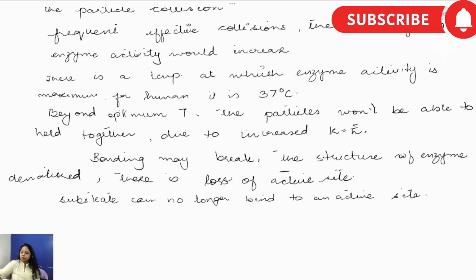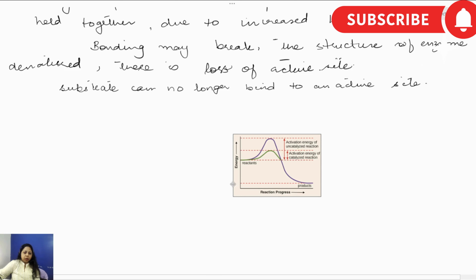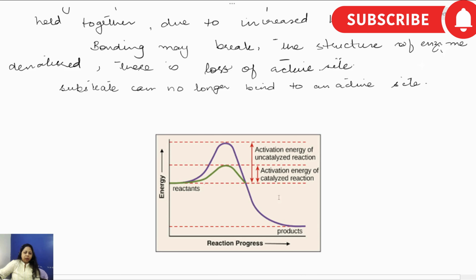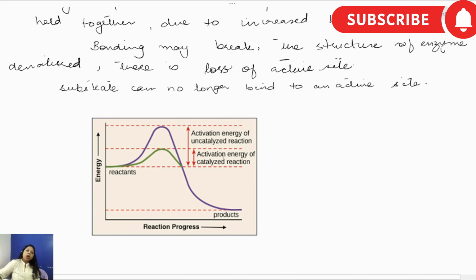It would be like this. You might have learned this graph in chemistry as well. Now the question is how does an enzyme increase the speed of reaction? How does it do it? By lowering the activation energy.